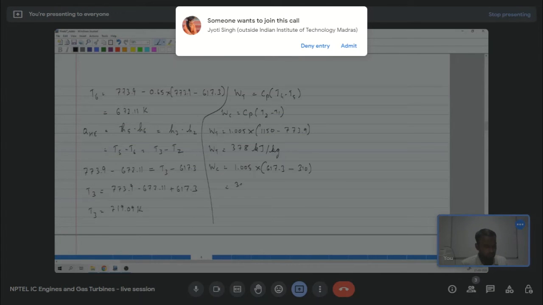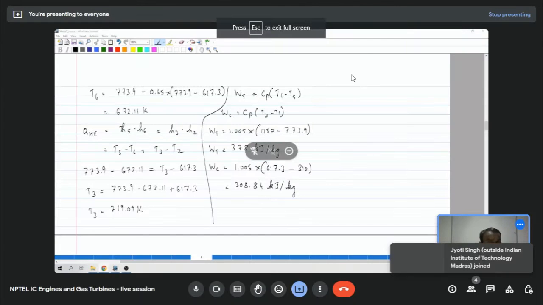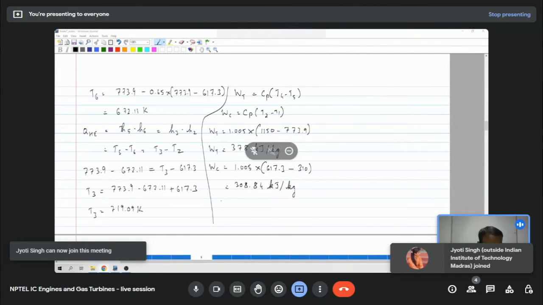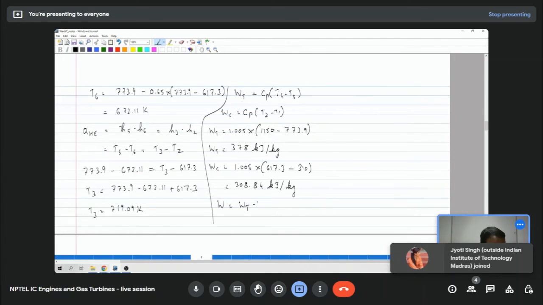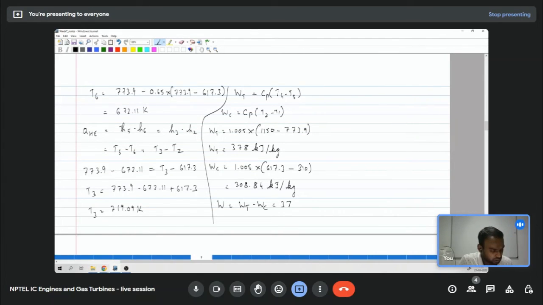This is 308.84 kilojoule per kg. Now net work output can be found, which is turbine work minus compression work, which is 378 minus 308.84. So this is roughly 70 kilojoule per kg.